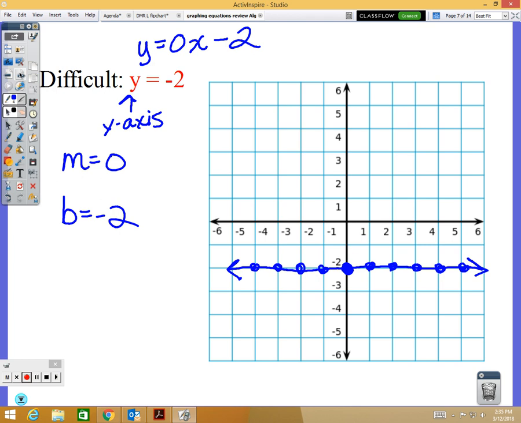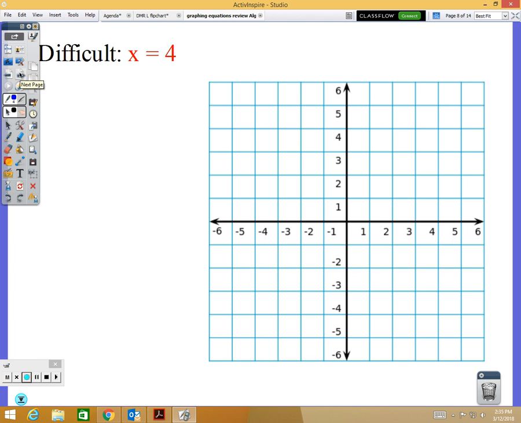All right, the other thing that messed people up was when you had x equals 4 and then y was gone. Again, be thinking about your x-axis, okay? On the x-axis, we're putting a point at 4. So no matter what y is, x is going to be 4.